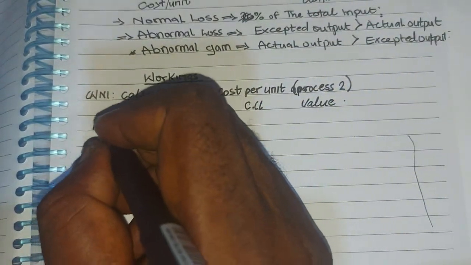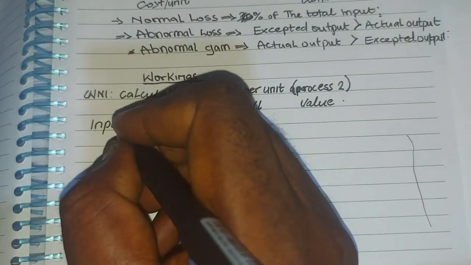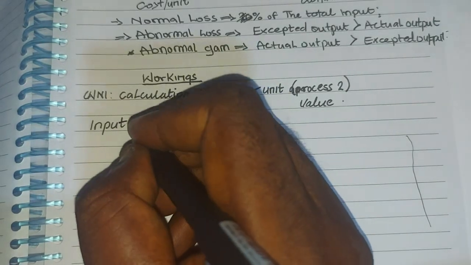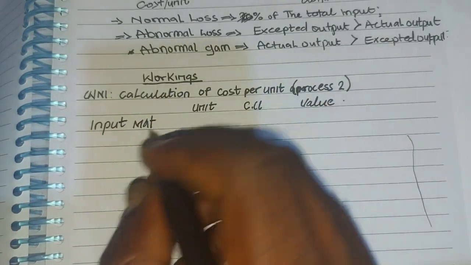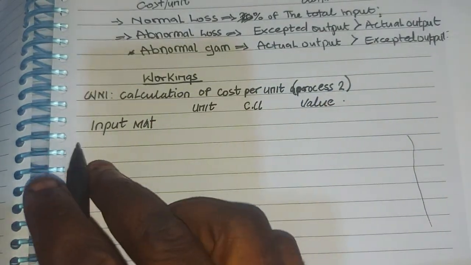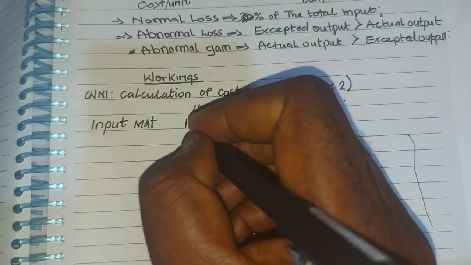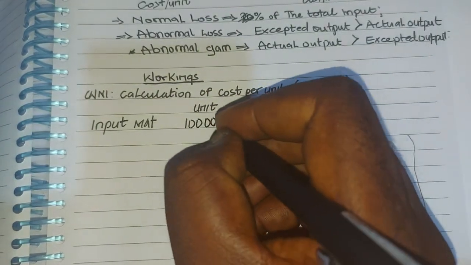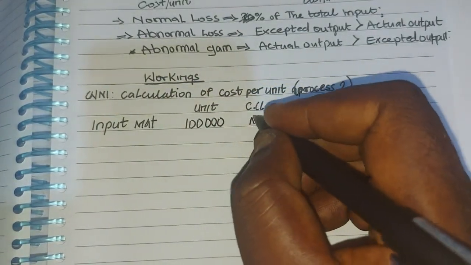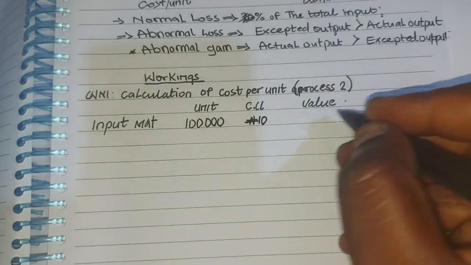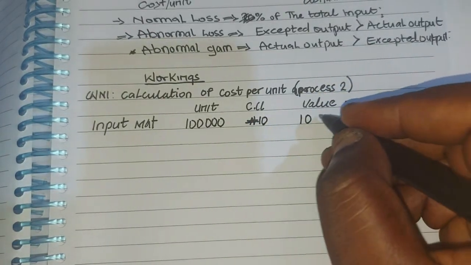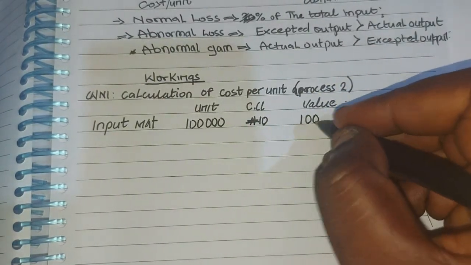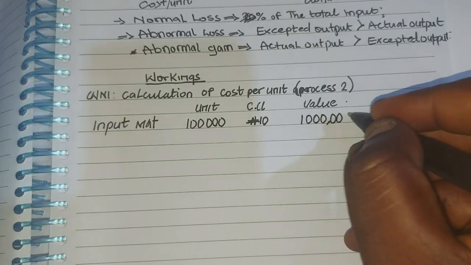Then you can start with input material. Input material from process 1. That one from process 1 is 100,000 units according to the question, and it is valued at 10 naira per unit, and that gives 1 million naira.